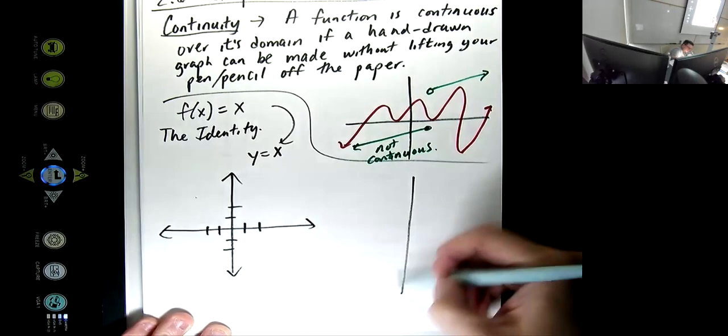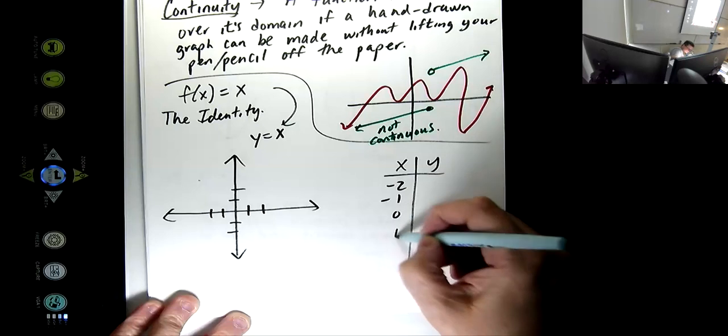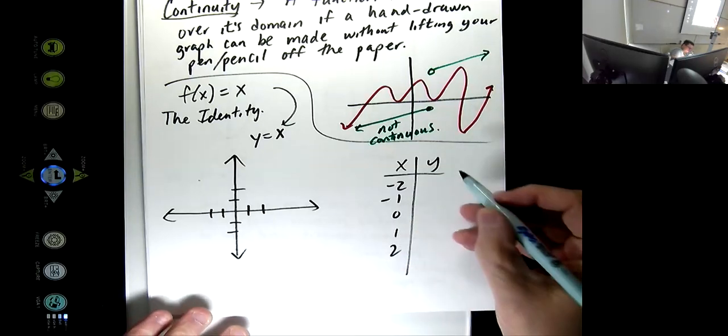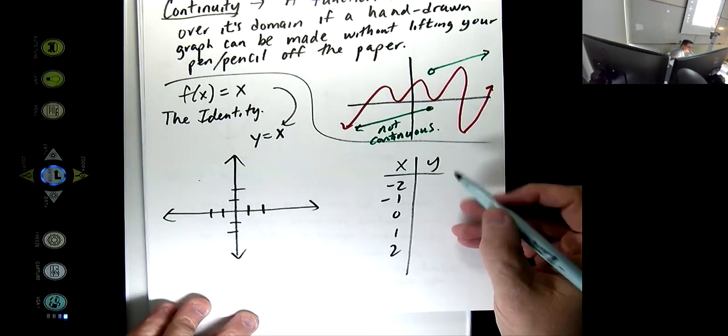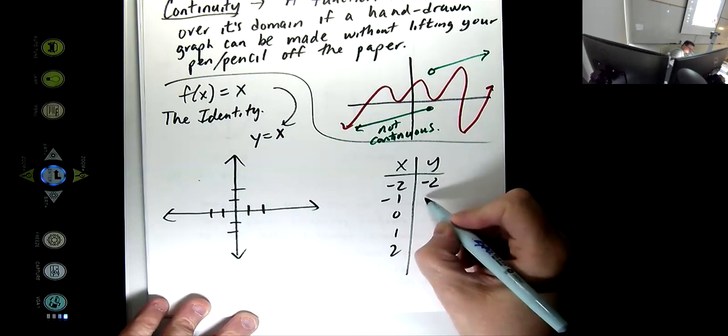If you made an XY table, I'm going to use -2, -1, 0, 1, and 2 for all of the graphs. The y value is the same here.